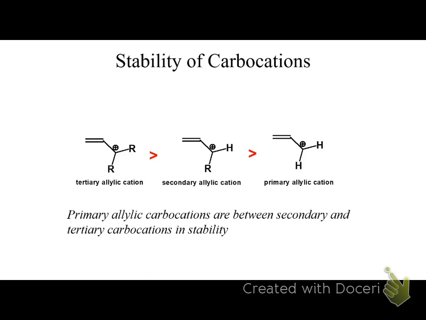In terms of the big picture, a primary allylic carbocation is between a secondary and tertiary carbocation in stability. So if you were to think about a scheme like this, I have a primary carbocation, a secondary carbocation, a tertiary carbocation, right? This falls in between these two in stability. And these are all more stable.